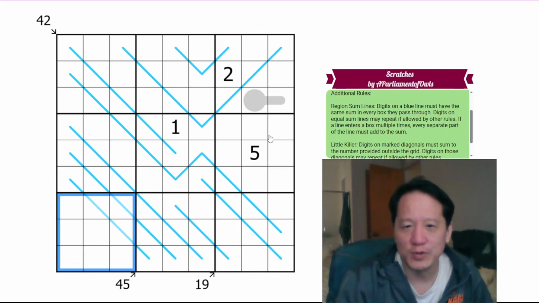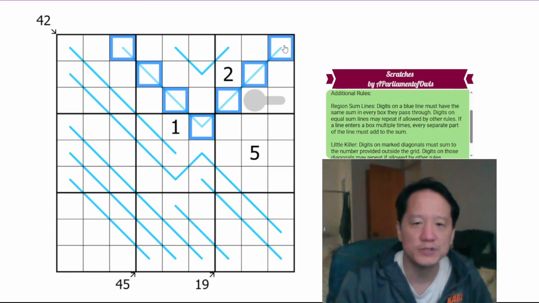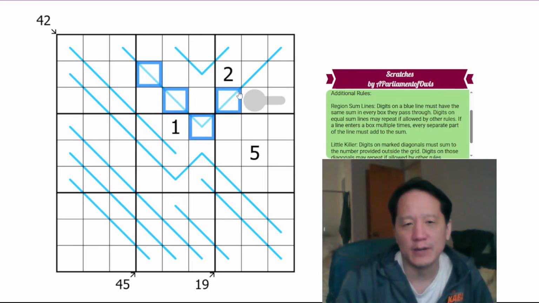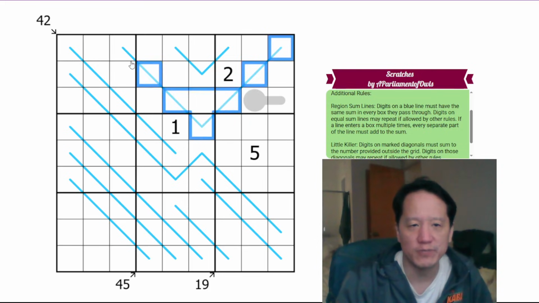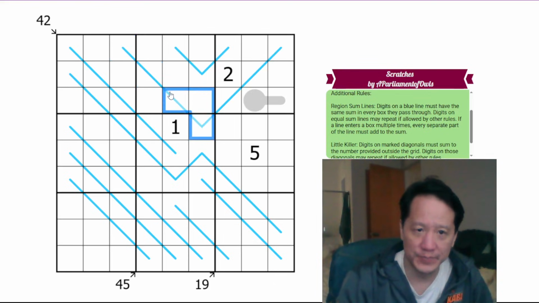We have region sum lines, where digits on the blue line must have the same sum in every box they pass through. Digits on equal sum lines may repeat if allowed by other rules. If a line enters a box multiple times, every separate part of the line must add to the sum. The way I like this rule set being phrased is: box borders divide the region sum line into segments which must have the same sum.